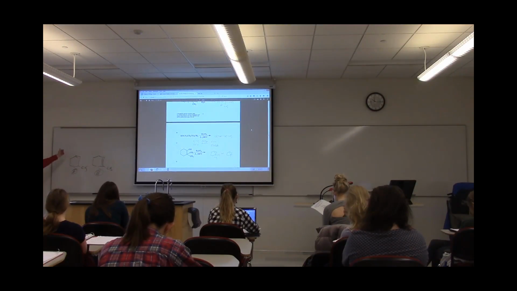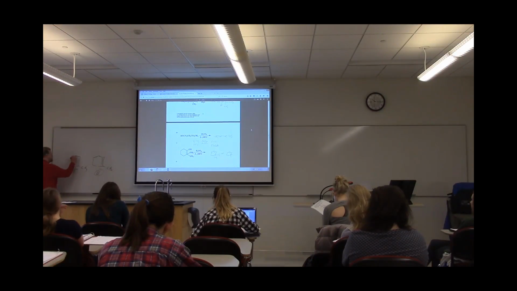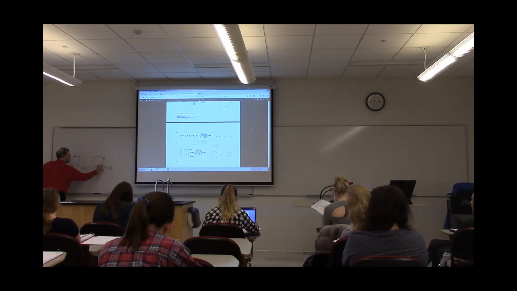The question is, the way I teach Zaitsev's rule, which is the product you get? In other words, which would be the right answer on the test? Well, how do you apply Zaitsev's rule? You look at the two carbons of the double bond, and you ask how many carbon atoms are directly bonded to the carbon atoms of the double bond. We can count. Here's this carbon, that's one. This carbon, that's two.